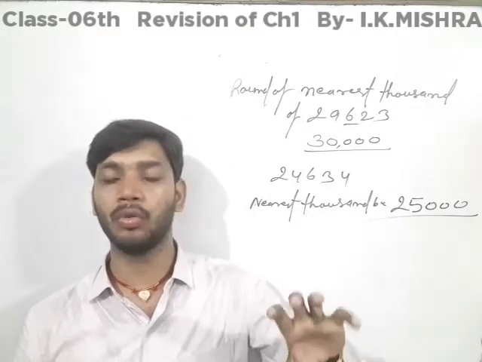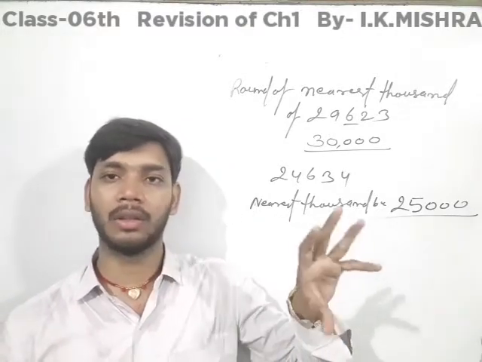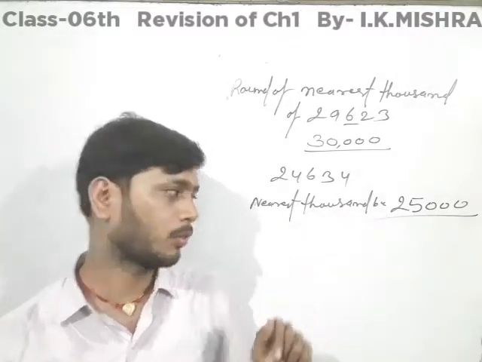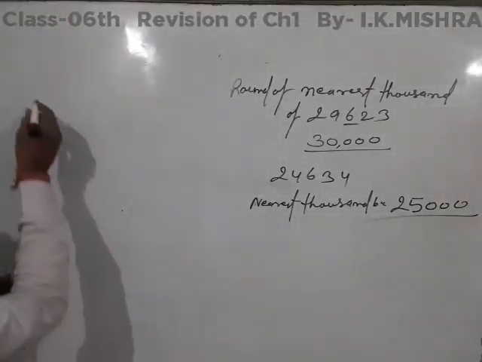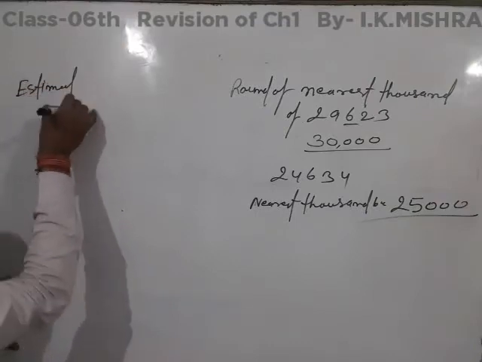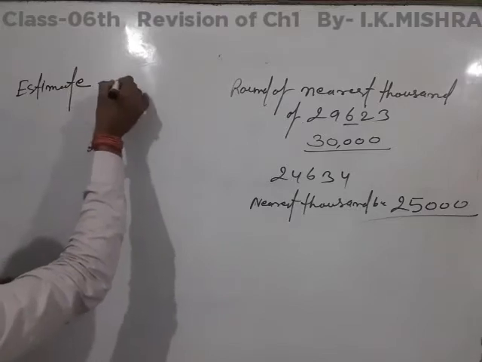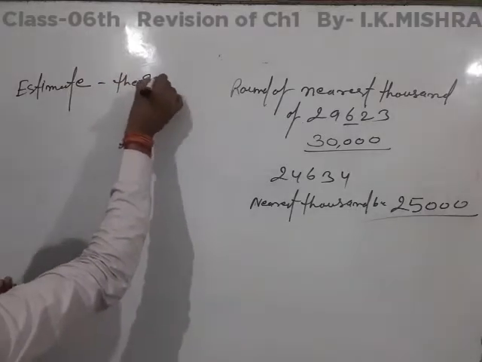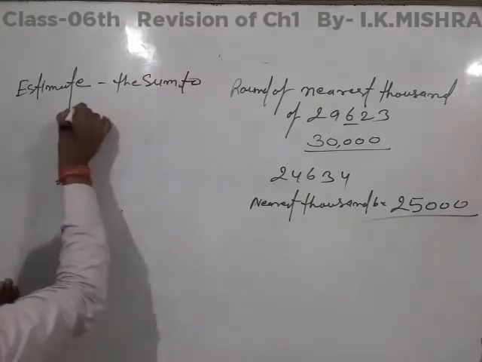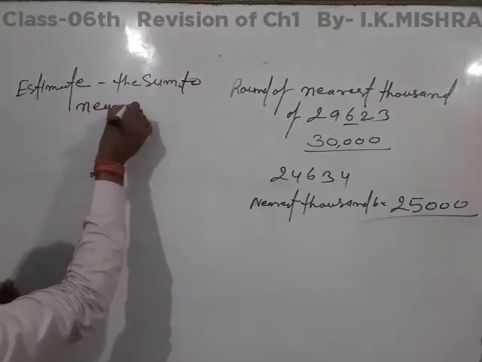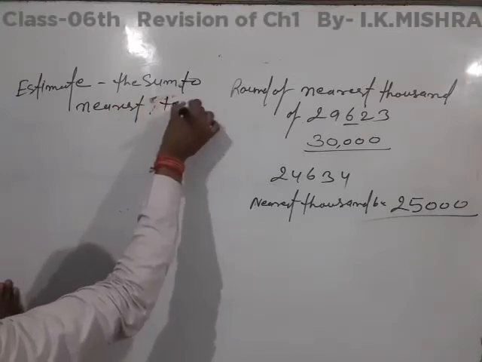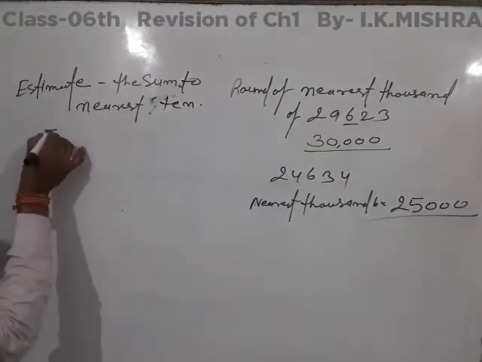Now proceed to the estimation of the operations of the numbers. That means you have to find the nearest value of the operations. Suppose you have to estimate the sum to the nearest 10.